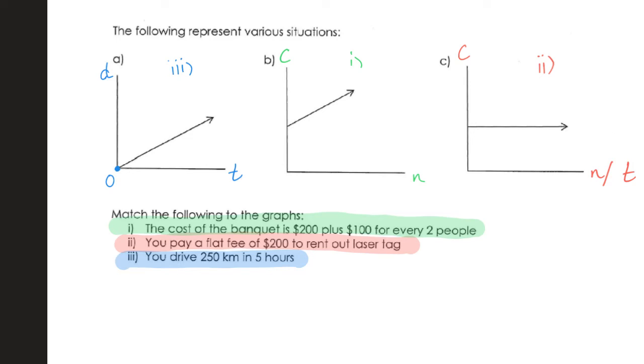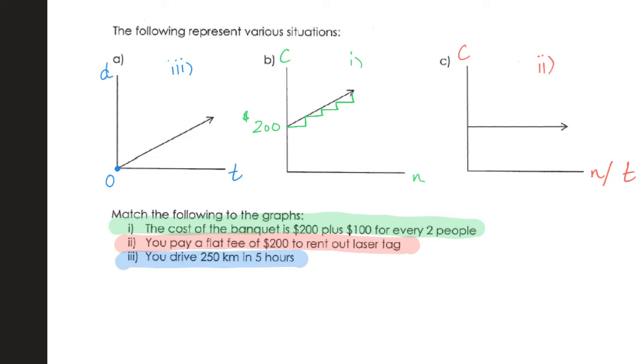The fact that we started then at like $200 and then increased for every 2 people that show up should allow us to confirm that, okay, yep, situation 1 does match up with graph B.